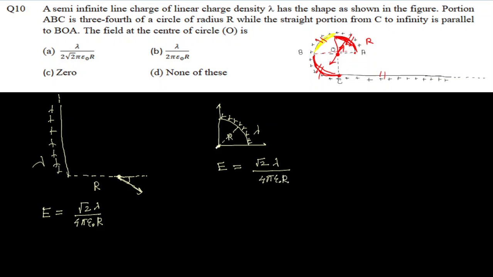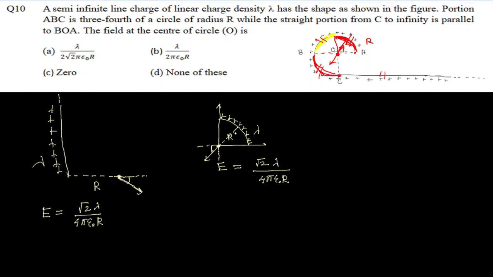If it is positive charge, then the electric field will be along this direction. If we draw the negative y-axis and negative x-axis, then it will make 45 degrees with both axes. Okay.